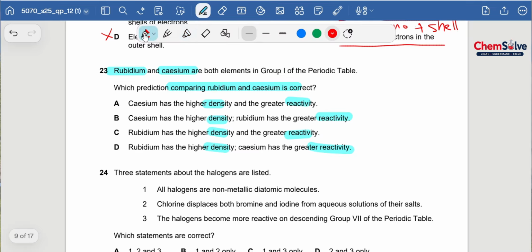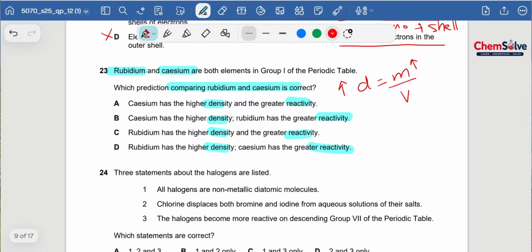We know that density is equal to mass over volume. It means the higher the molar mass of the element, the higher would be the density. And what about reactivity?